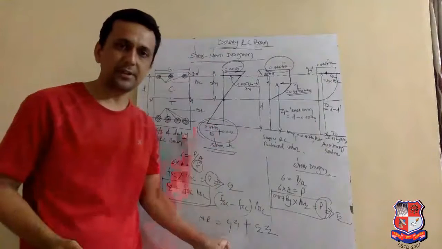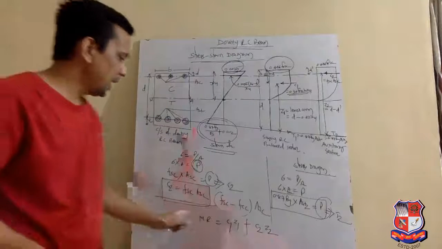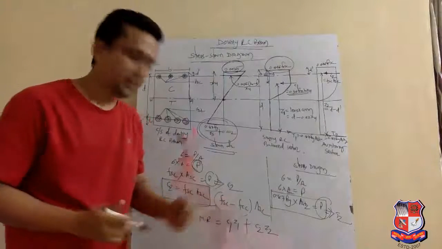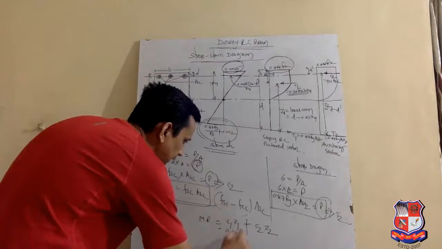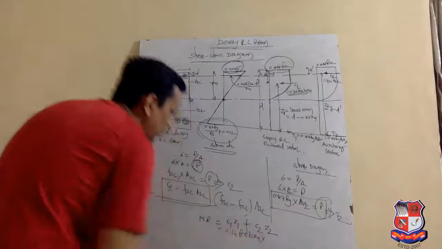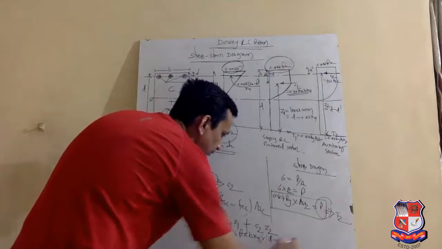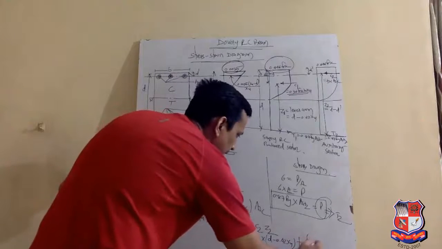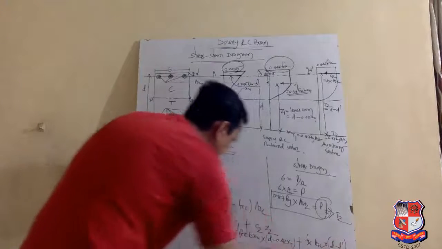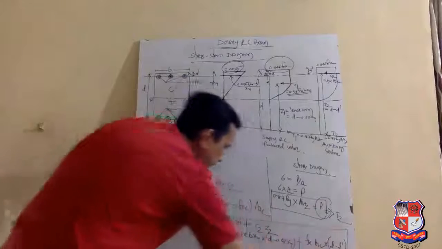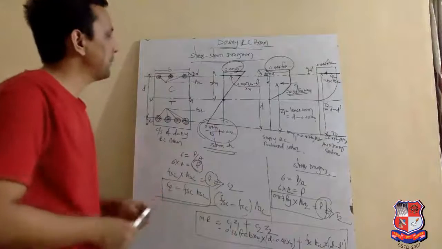Using this equation, C1 Z1 plus C2 Z2, we can find the moment of resistance. C1 we know is 0.36 fck b xu, and Z1 is d minus 0.42 xu, plus C2, which is fsc into Asc, and Z2, which is d minus d dash. So this will be the equation of the moment of resistance of the doubly reinforced beam.